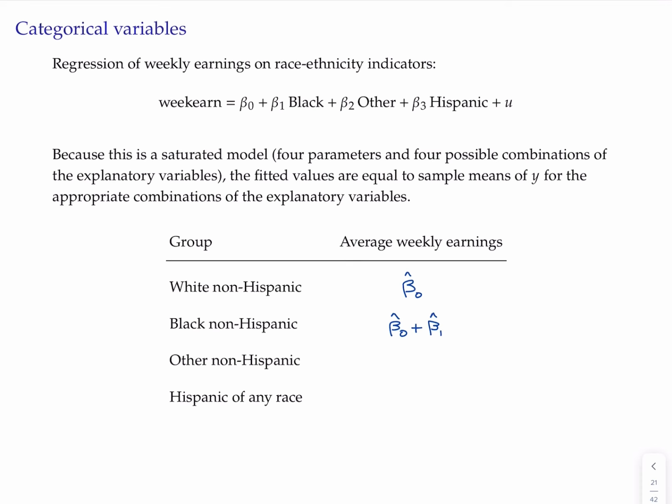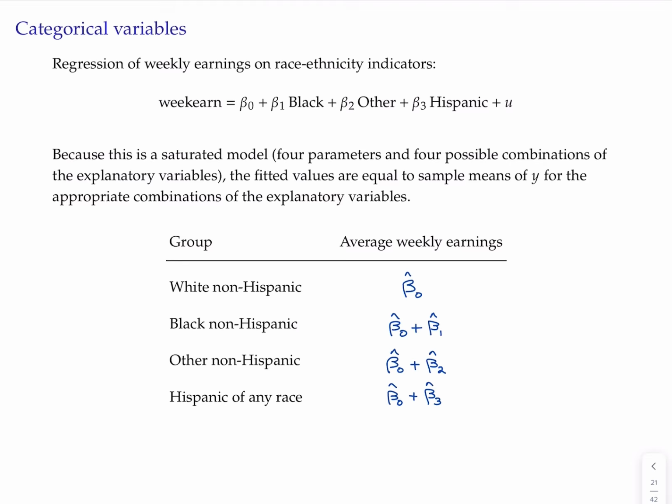Now you have the coefficient on the black indicator. But this is 0, this is 0, so the other terms fall out. Other non-Hispanic, again, just switch those variables to 0 and 1 as appropriate. This will pick out, of course, the intercept and now the beta 2 hat. Hispanic of any race, beta 0 hat plus beta 3 hat.